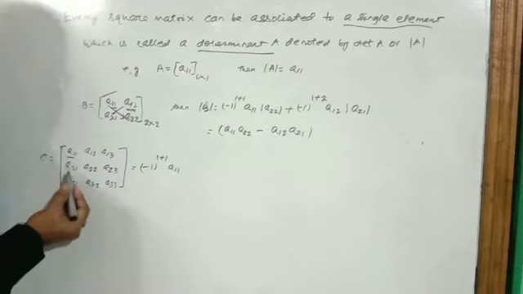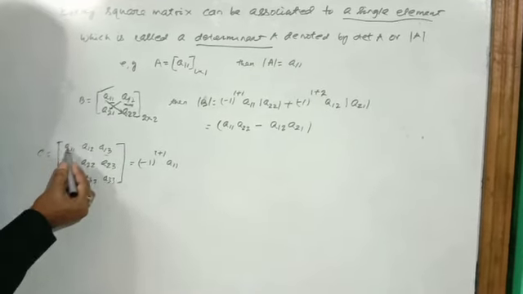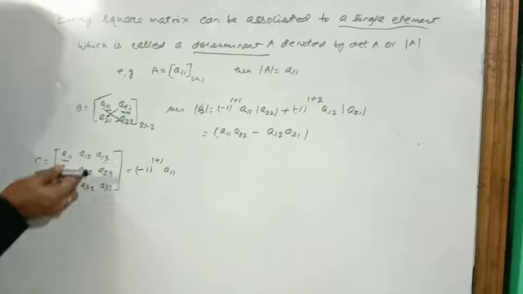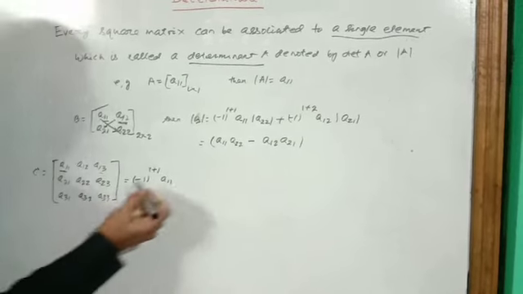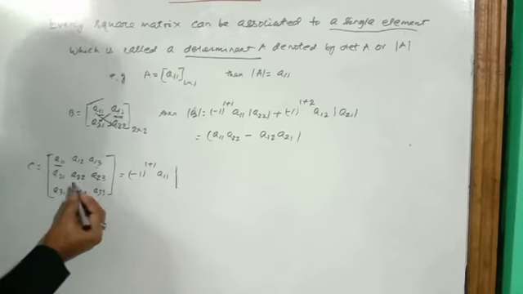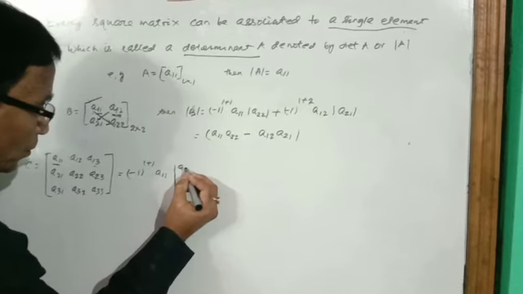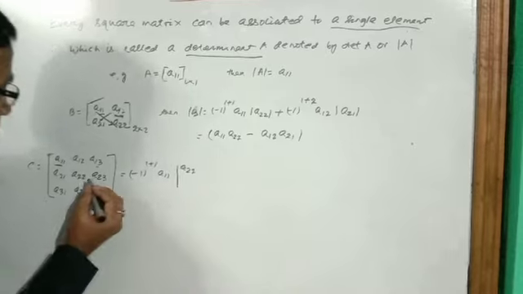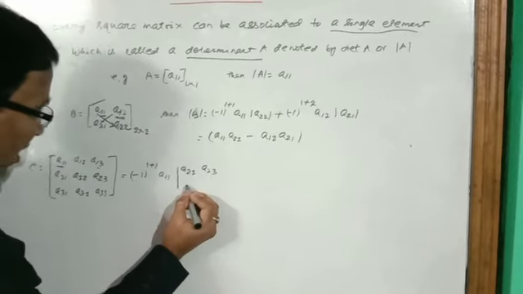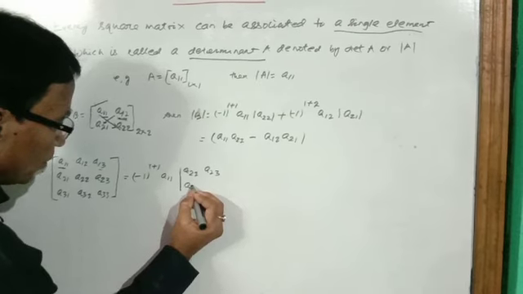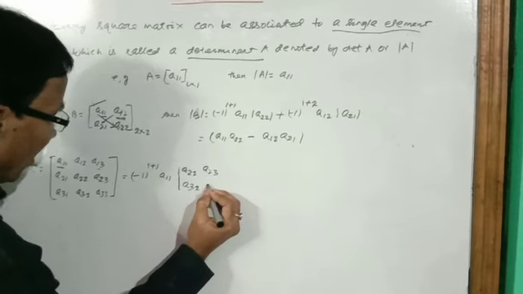So after leaving the first row and first column, we are getting the determinant of A22, A23, A32, A33.